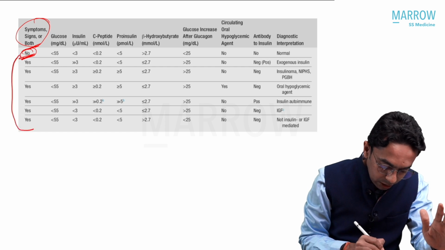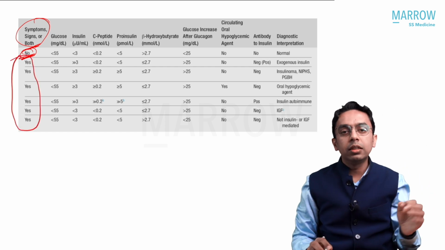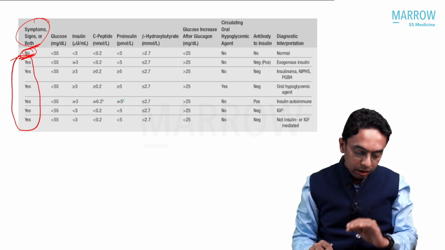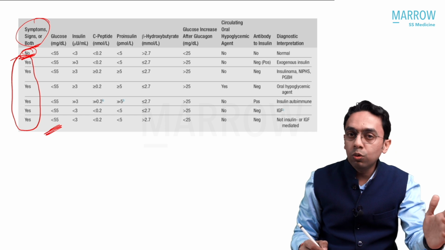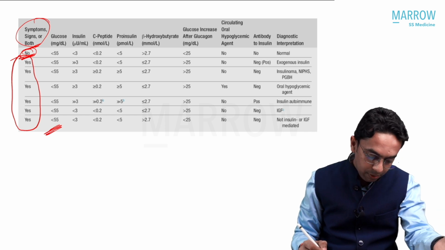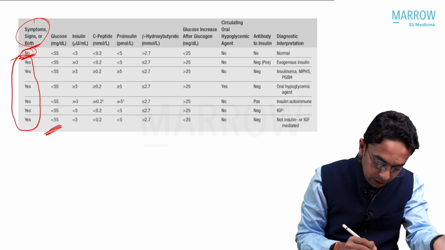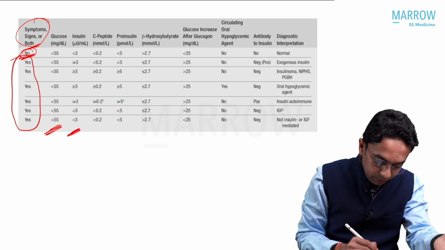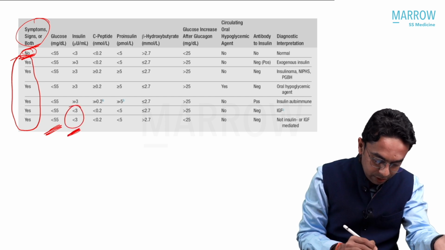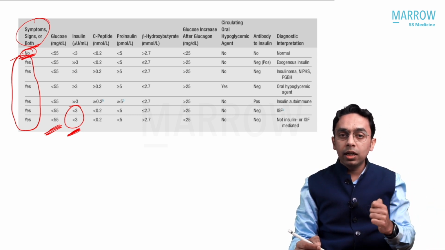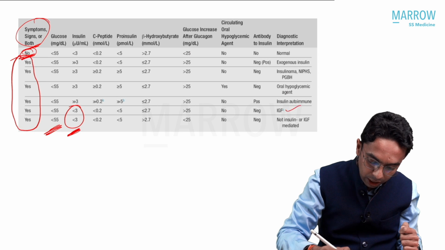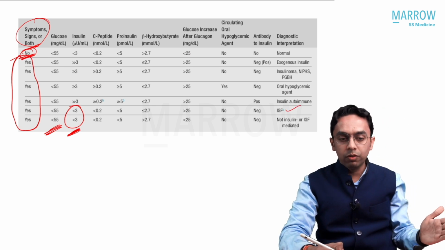In all other conditions, you have symptoms and signs, so Whipple's triad criteria should be fulfilled. Then glucose is low, documented hypoglycemia. First, let's see what happened to insulin. If insulin is less, then obviously it is insulin independent hypoglycemia, either it is IGF-1 or which was given in our option.